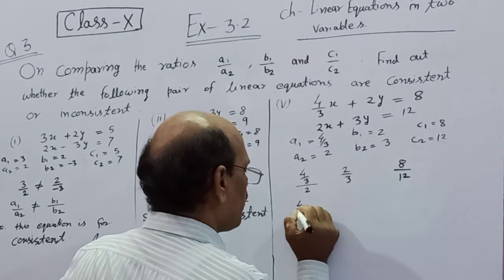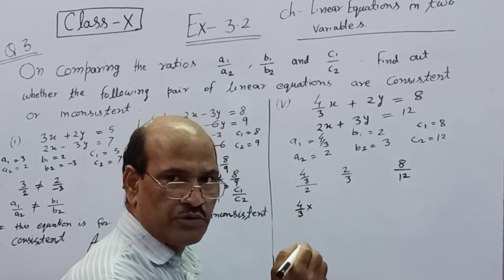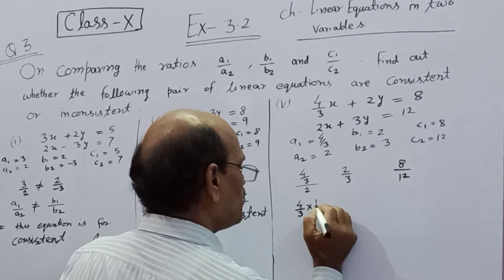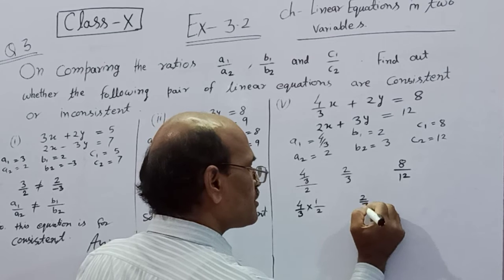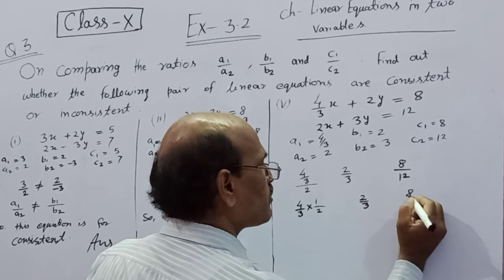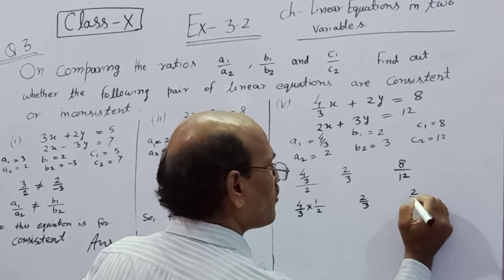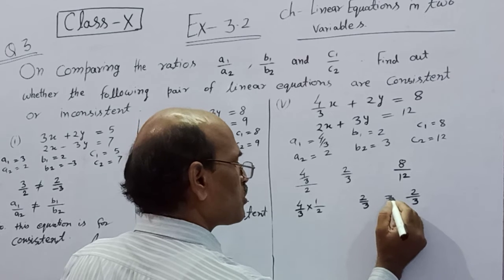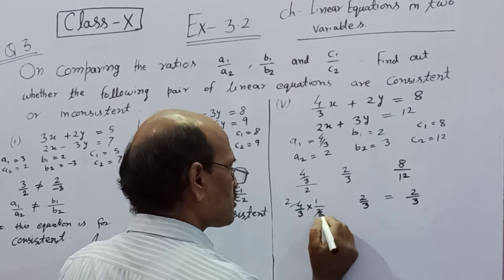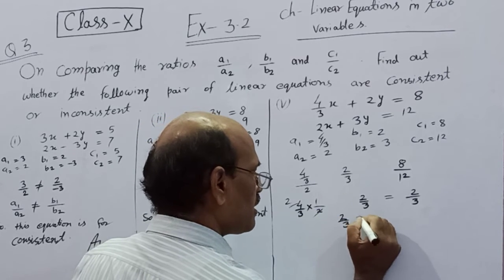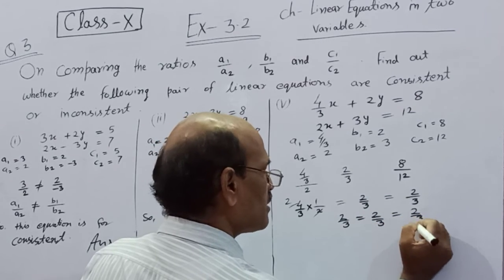We can write 4 upon 3 multiplied by 1 upon 2, so 1 in numerator and 2 in denominator, giving 2 by 3. Here is 2 by 3 and here is 8 by 12. After cancellation, 8 upon 12 is also 2 by 3. It means 2 by 3 is equal to 2 by 3 is also equal to 2 by 3.